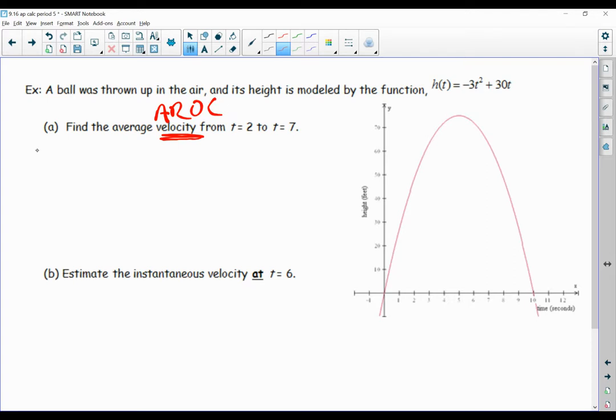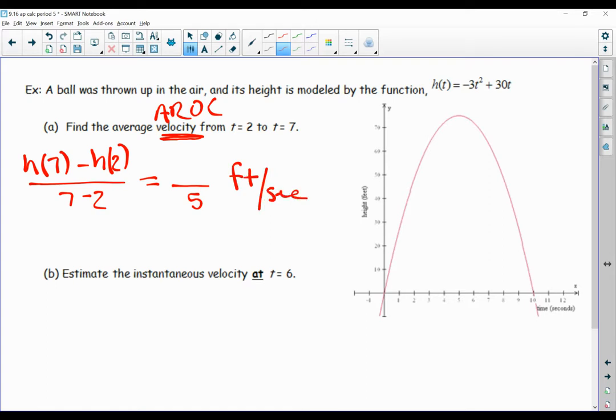So to find the AROC from 2 to 7, I'm going to do h of 7 minus h of 2 over 7 minus 2. So I'm doing the change in position over time, and that'll give me the average velocity. And my units are going to be feet per second. So here, if I plug in 7 into my function, I'm going to get out 63. If I plug in 2 into this function, I'm going to get out 48.